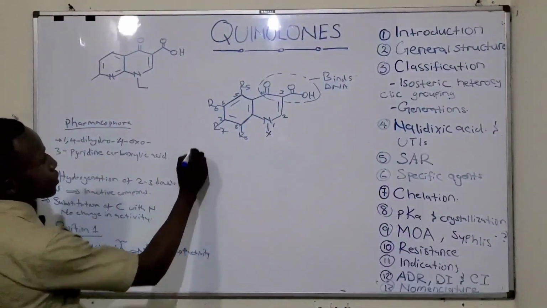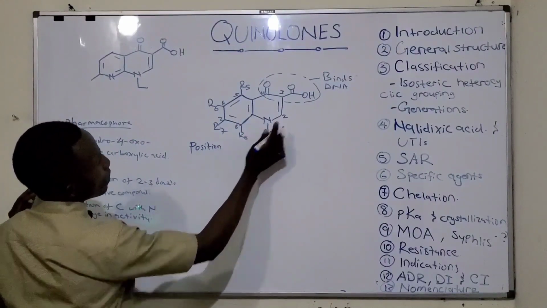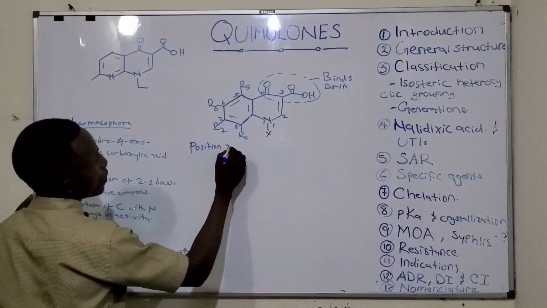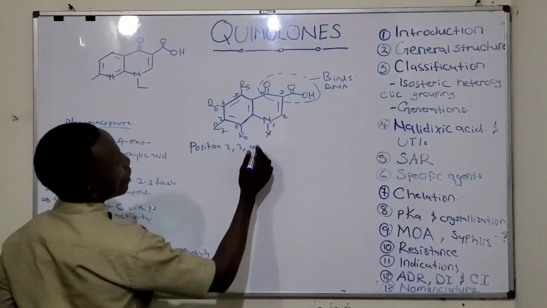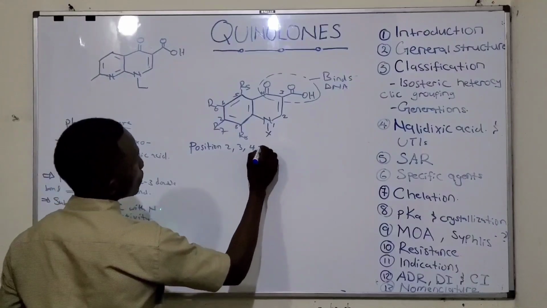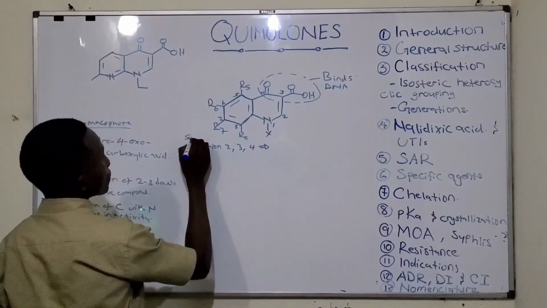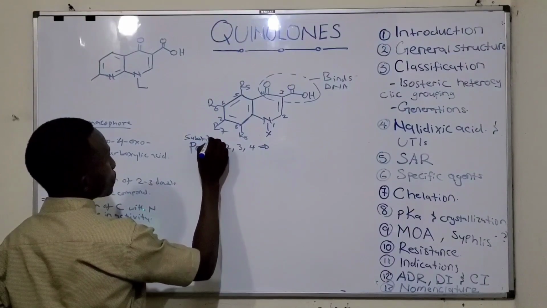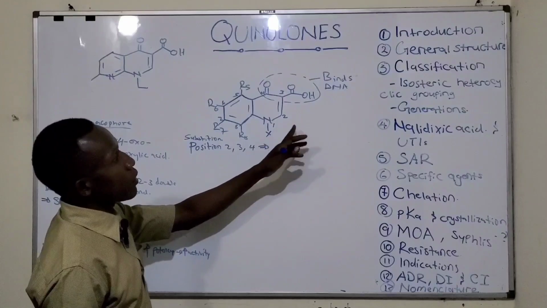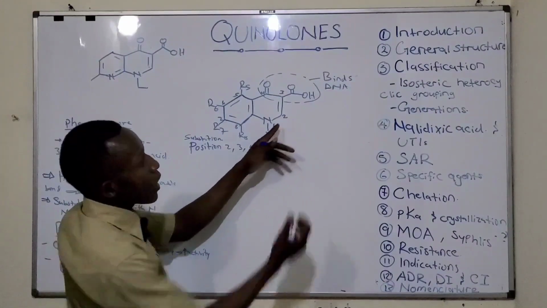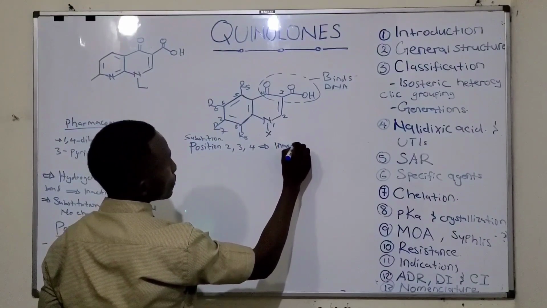When we go to position 2, 3, 4, substitution of these groups, if anything is attached at this position or you substitute the hydrogens here, leads to an inactive compound.